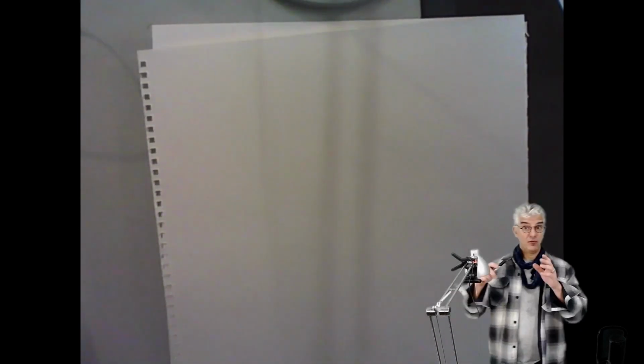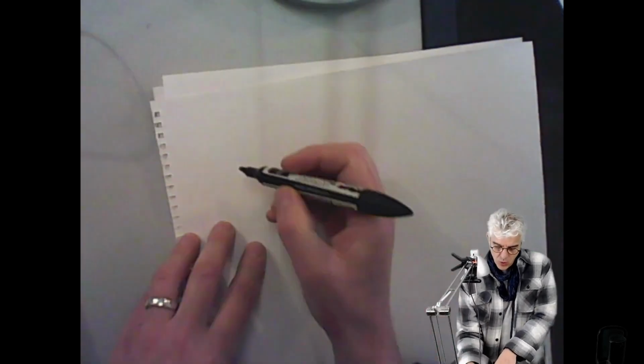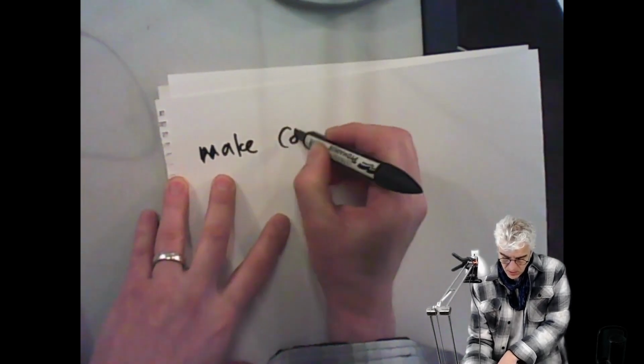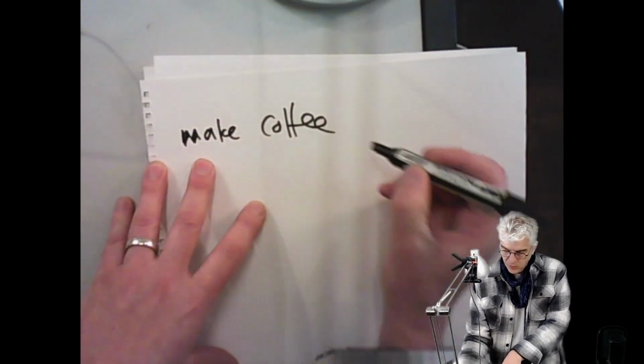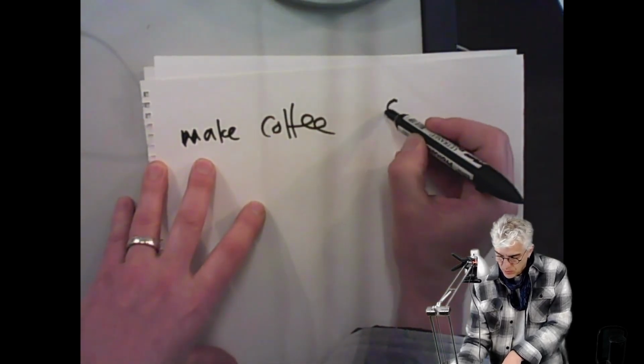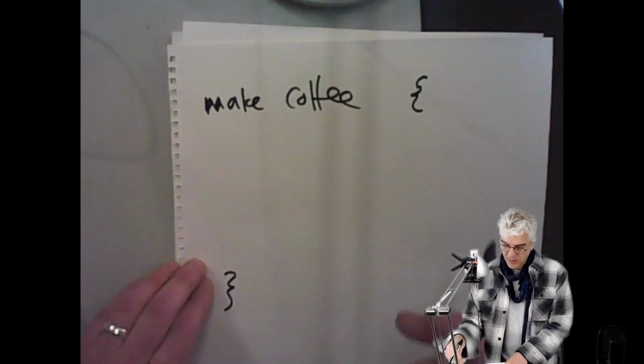So, let's make a function, a thing, for making coffee. And what I want to say is, make coffee, and then I'm going to, like I do with loads of other things, put it inside curly brackets.